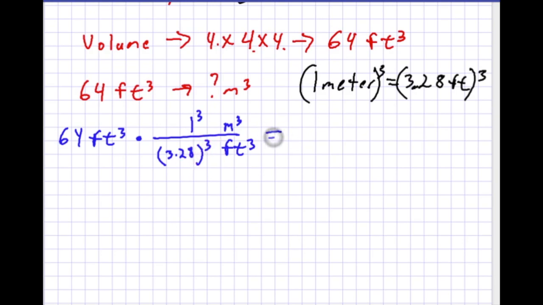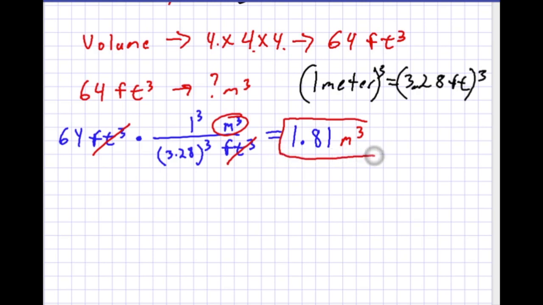So when I multiply this through, I'm going to find out that 64 times 1 cubed divided by 3.28 cubed is equal to 1.81. So go ahead and write that as my answer, 1.81. But it's 1.81 what? Well, if I look, these feet have canceled out. So I'm just left with cubic meters.